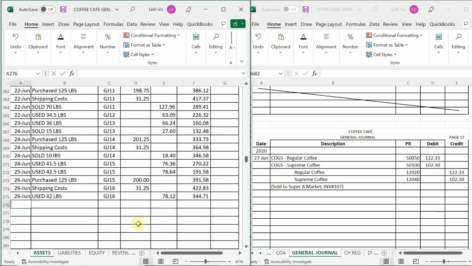And for spring coffee, we have sold 55 pounds for $102.30, and I have balance of $242.41.